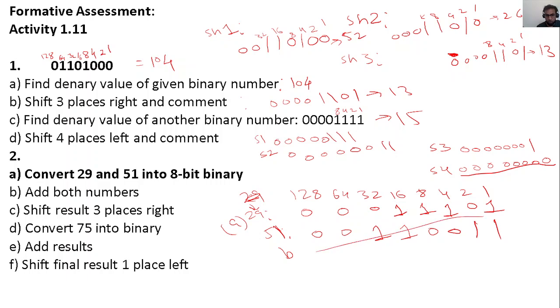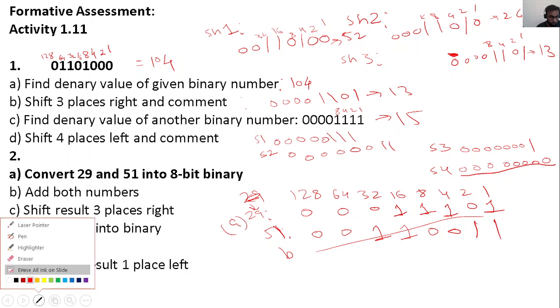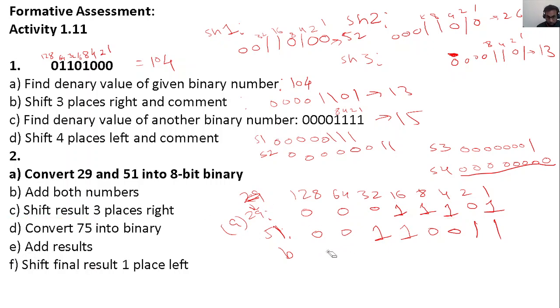In part B, apologies for that, I will remove it with the eraser.